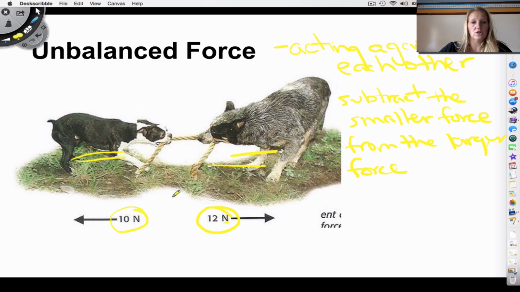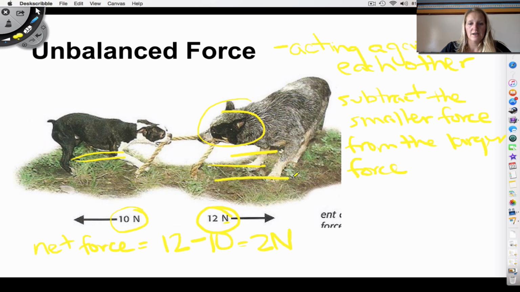The difference between the two is the actual force that is going to be exerted, so the net force. The net force between these two is going to be equal to 12 minus 10 newtons to give us 2 newtons. And who's going to win? The big dog. So this rope is going to be pulled in this direction. If we pay attention to our arrows, here's the longer arrow, and this little dog is pulling in this direction with a shorter arrow. Very strong, but not quite as strong as this one. So that's how you calculate an unbalanced force.